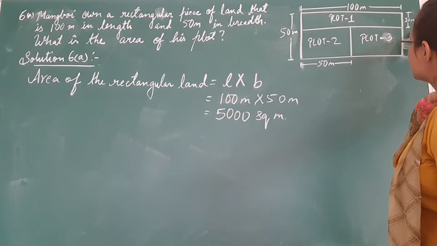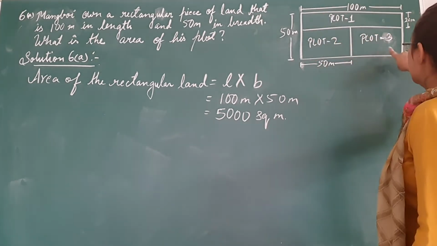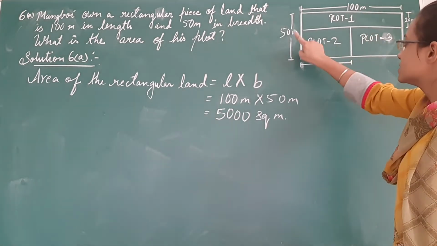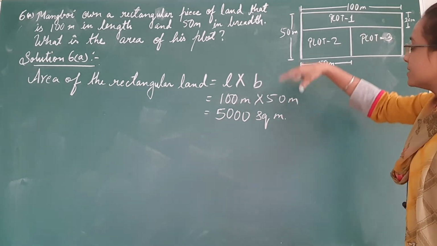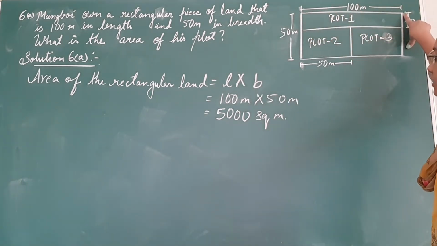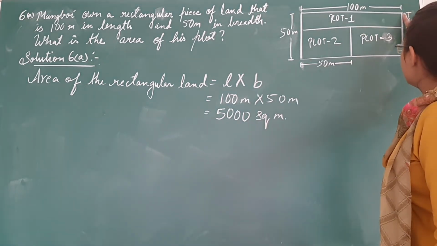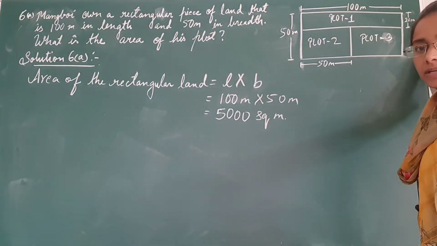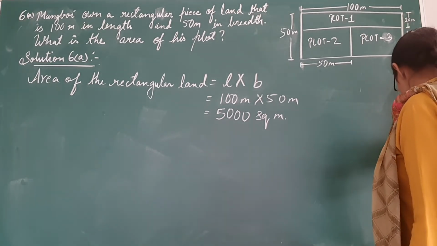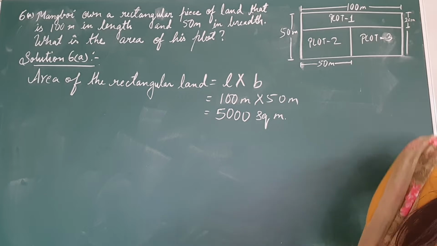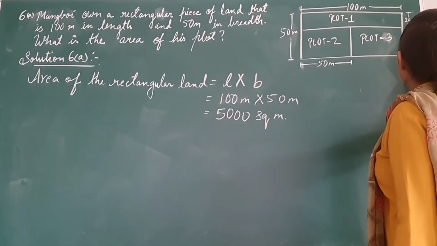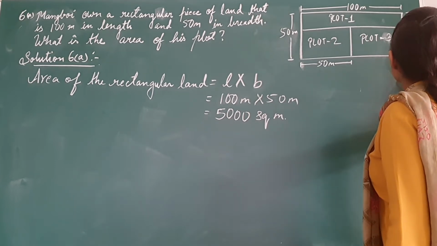To find this out, we know that this whole figure is a rectangle, and opposite sides are equal. That means the total length of this side is 50 meter. Yes or no? So from this 50 meter we will subtract this 20 meter, and we will get the dimension of plot 3, the breadth of this, as 30 meter.